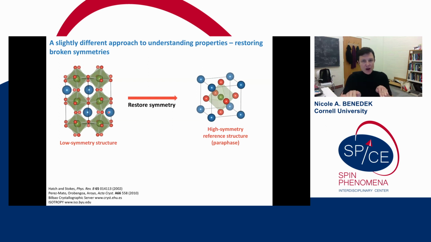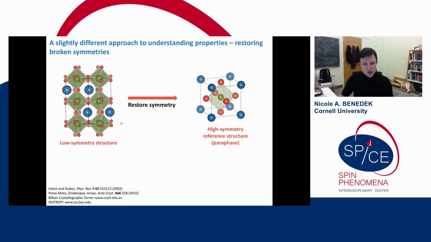And so if I make them all line up, then I can restore some more symmetries and go to a higher symmetry space group. And so you can keep doing this until you can't make the symmetry any higher. Then this is the high symmetry reference structure that you end up with, the high symmetry paraphase.